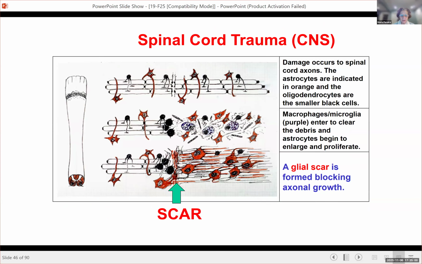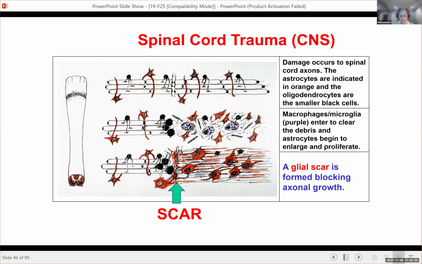Okay, so now here you see what happens in the central nervous system: disaster, because the oligodendrocytes are far away. So these are the oligodendrocytes. You see, we have the cell body, and they have these stumps that can myelinate just segments of the axons in the central nervous system. Here you see the astrocytes. What do the astrocytes do? They make a scar.